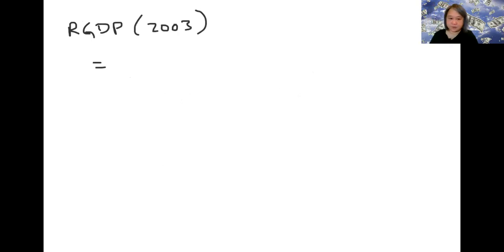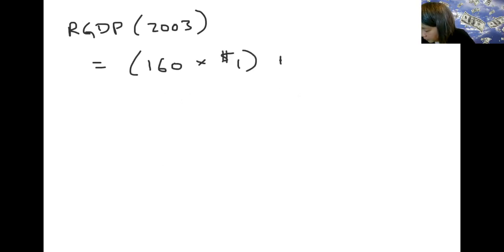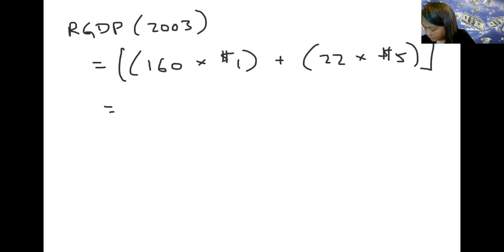So what is that going to be equal to? That is 160 balls times $1 plus 22 bats times $5. Add that together and we get a real GDP of 270.